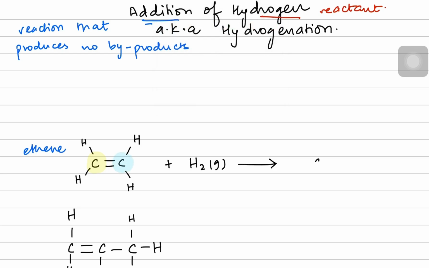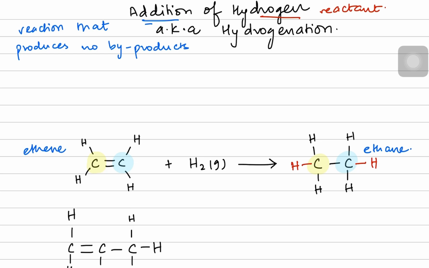Obviously, there are only two carbons, but it becomes more important to highlight them when talking about chains of more than two carbons. Your basic idea should be that you remove the carbon-carbon double bond and everything else remains the same. The yellow carbon still has two hydrogens, the blue carbon still has two hydrogens. But your reactant, which had two hydrogen atoms, attaches one atom on each carbon. And now you don't have ethene anymore, you have ethane.